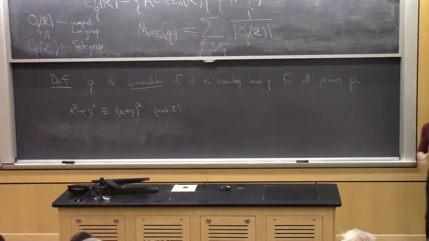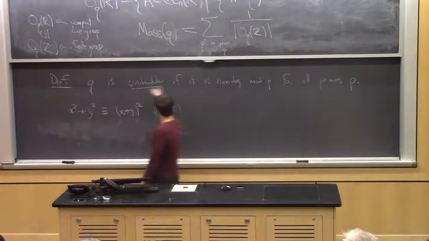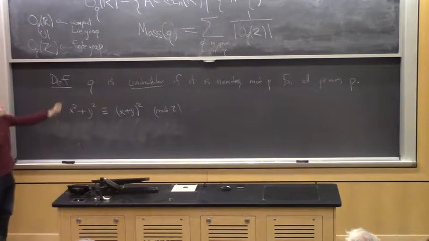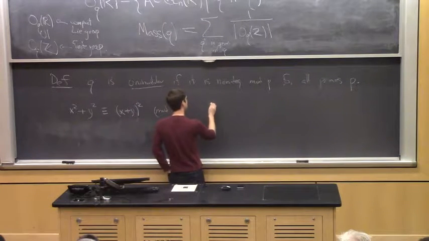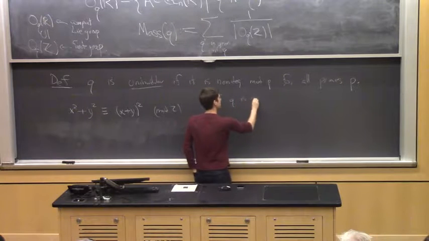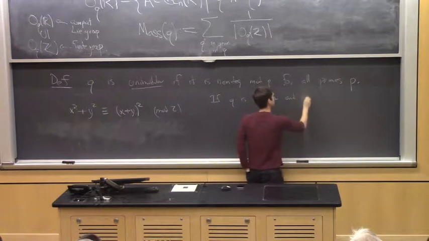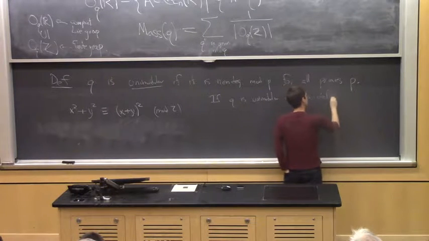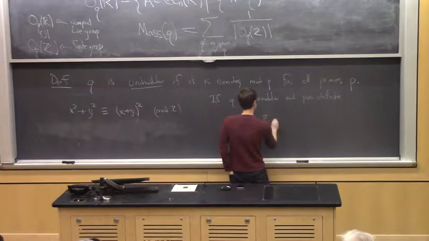After a linear change of coordinates, you can eliminate one of the variables. So being unimodular is actually a pretty strong condition. And so this is not obvious, but if Q is unimodular and positive definite, this implies that the number of variables is divisible by 8.